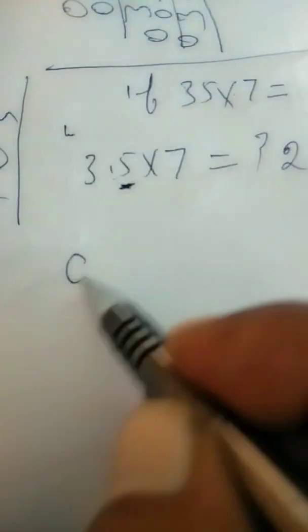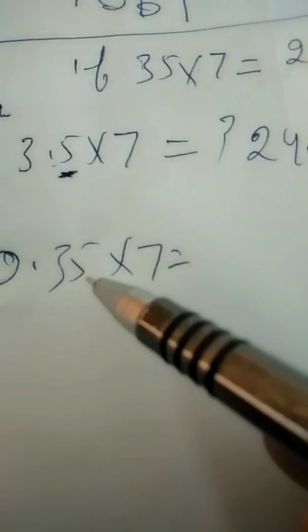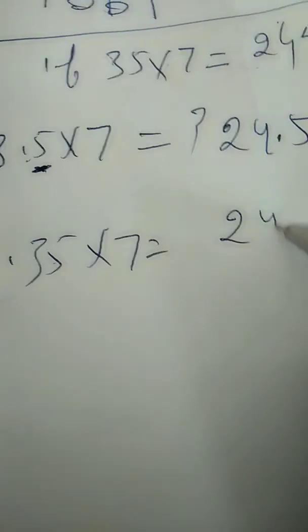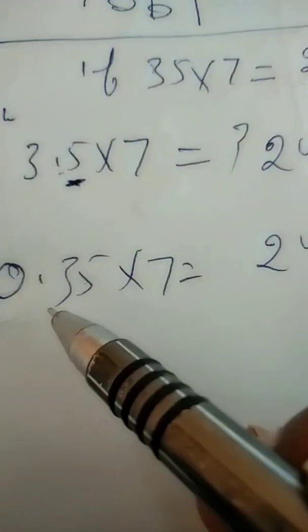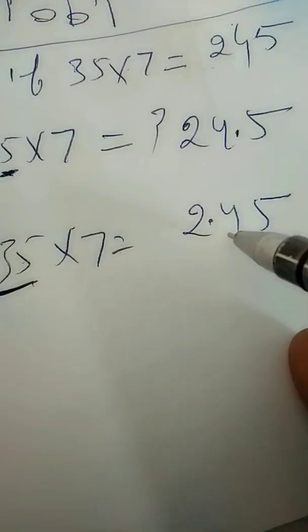In a similar way, 0.35 multiplied by 7. Now 35, ignore the decimal, it's again 35 multiplied by 7, so the answer is 245, again the same product. But after the decimal, how many digits are there? 2. So in your answer, 2 digits after the decimal should be there.